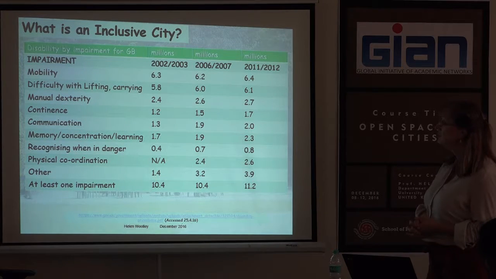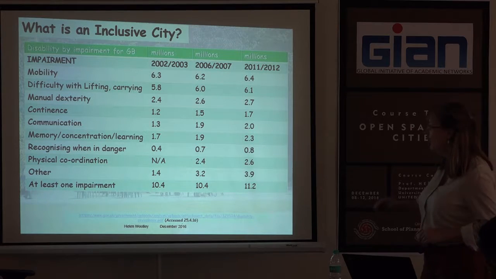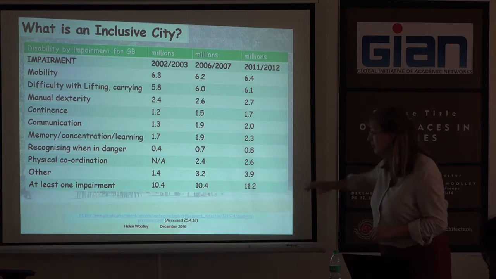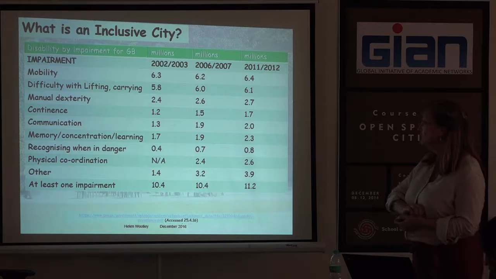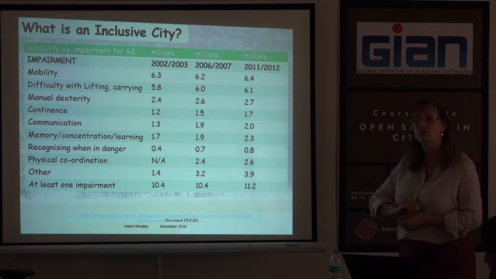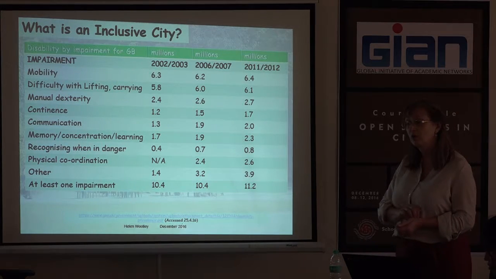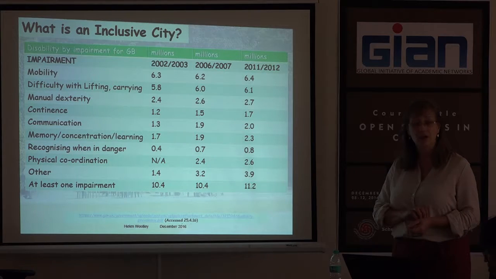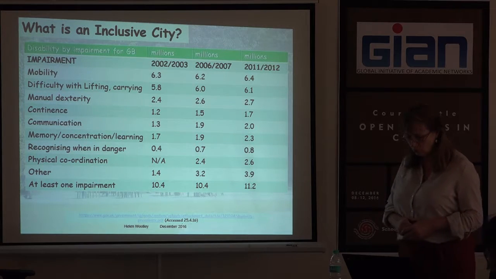Some people have difficulty with communicating. Some have difficulty with memory or concentration or learning. Some have difficulty recognising whether they're in danger. And there are some with physical coordination difficulties, and there are others, which we're not told what others are. And what's interesting is that a lot of people have more than one impairment. So some health conditions mean that it may affect you in more than one way.